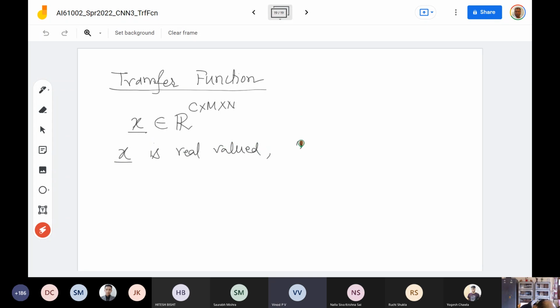So x can exist from minus infinity to plus infinity. Now essentially this is an unbounded scenario.